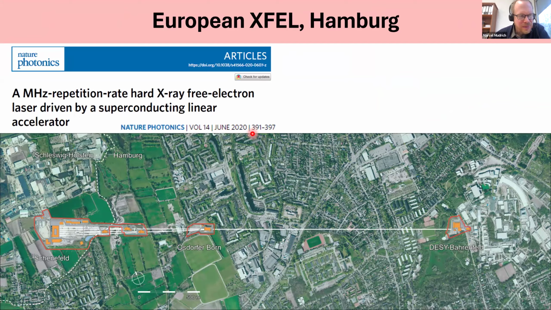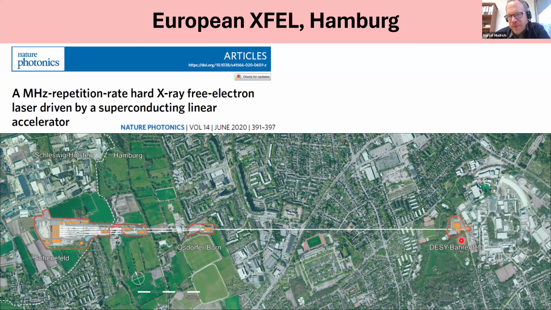in Hamburg, which is officially not part of DESY, but it is the starting point. The electron gun is actually located on the DESY campus. You can see here this bent building on the right-hand side. This is the experimental hall of PETRA III of the synchrotron PETRA.